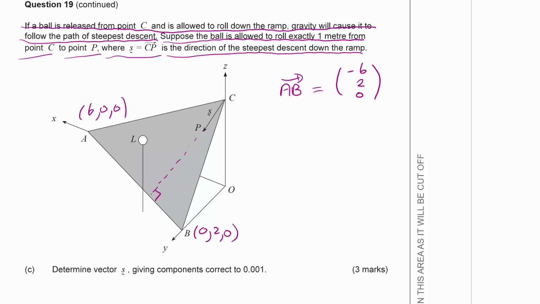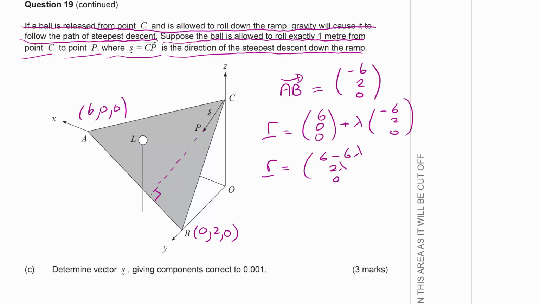And that means that the line through A and B is (6, 0, 0) plus lambda (-6, 2, 0). So that is going to be (6 minus 6 lambda, 2 lambda, 0).